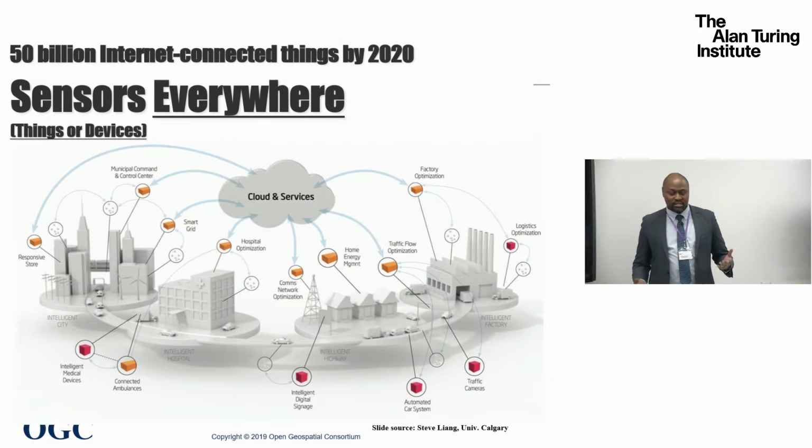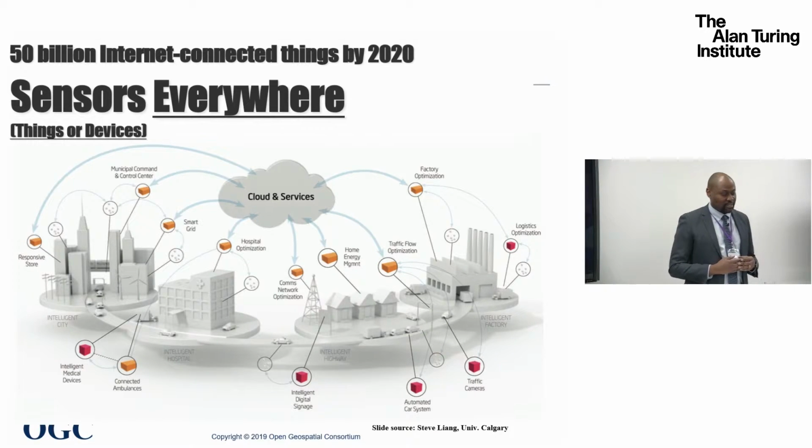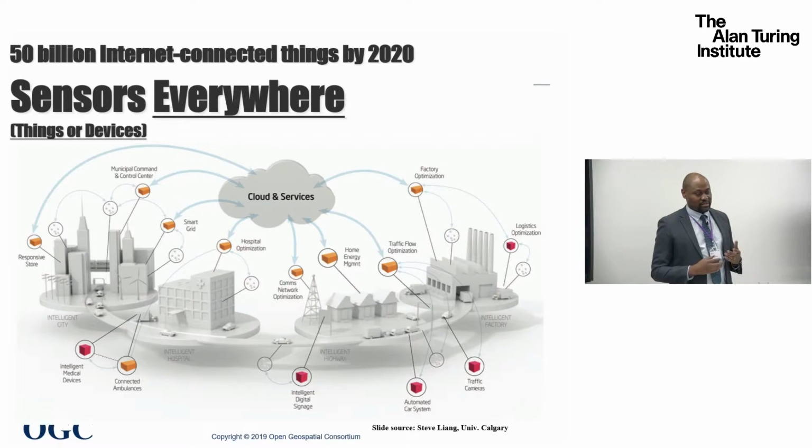But then where does all this data come from? Well, geospatial data is pretty much everywhere, right? Whether it's from sensors aboard satellites, many of the satellite missions, whether from NASA, ESA, or other agencies, many of them collect and publish geospatial data. But there's also the Internet of Things, or the IoT, where many of the devices that are being developed have a means of tagging the data that they collect with geospatial location or geolocation.